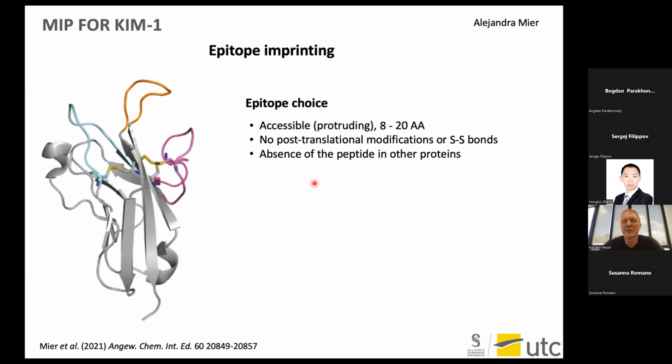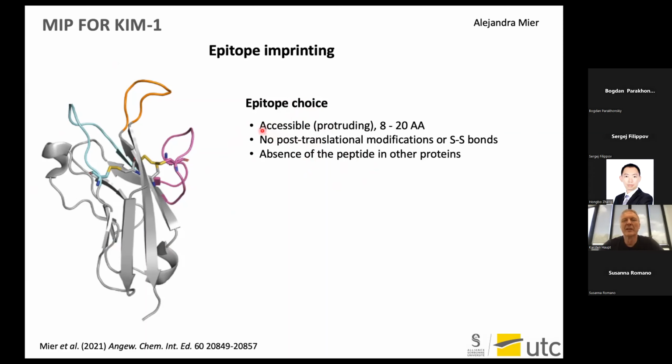Now, peptide antibodies, I don't know if you are familiar with the technology. It's based on immunizing an animal with a peptide rather than a whole protein. And if the peptide is well chosen, it will still produce immunization and formation of antibodies.